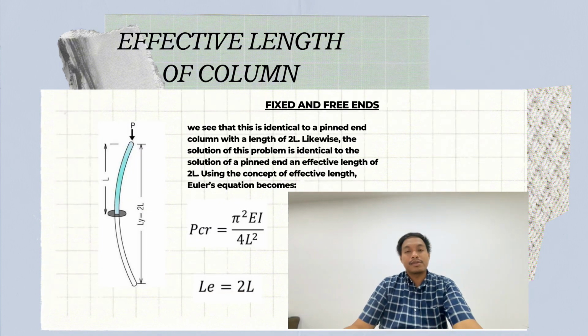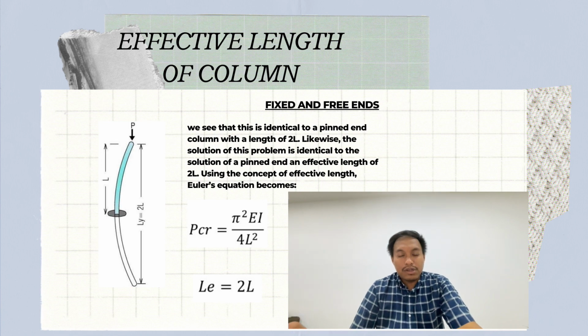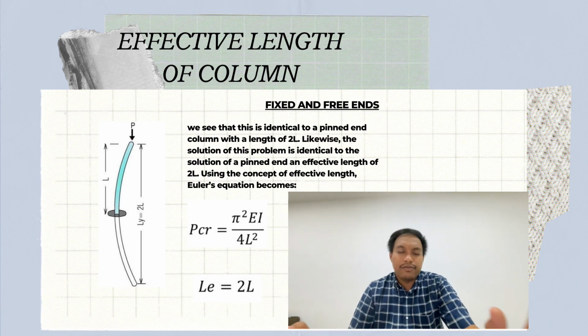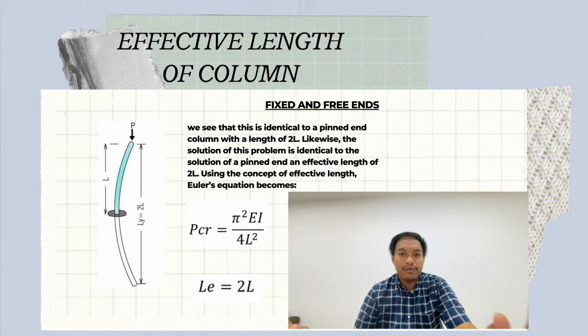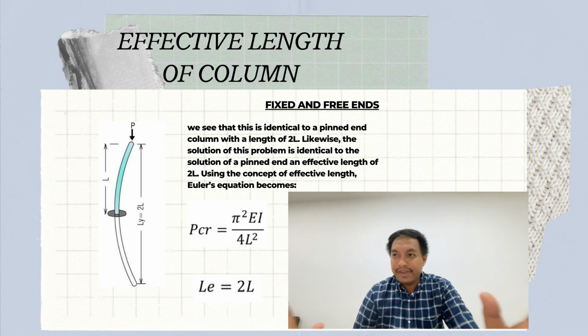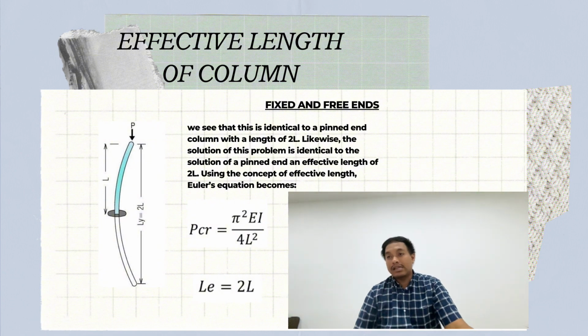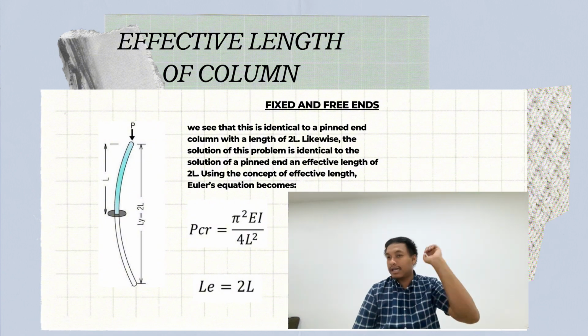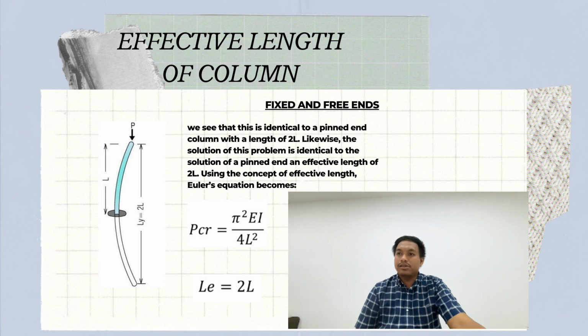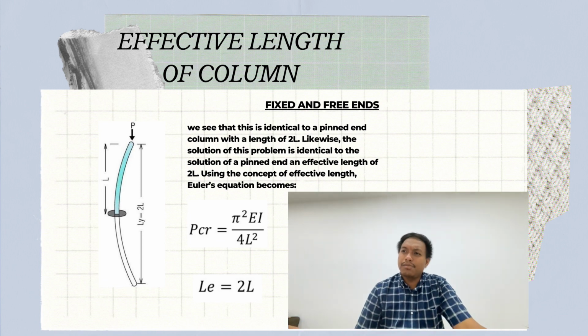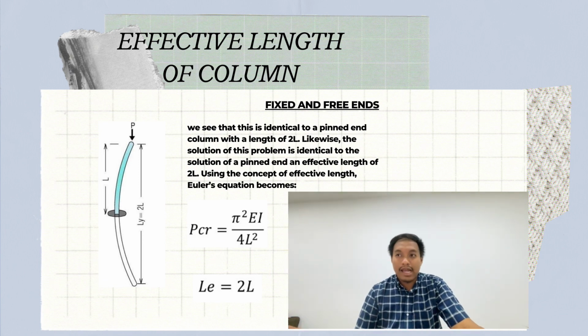Okay, thank you, Lokman. My name is Fazli. I want to continue about effective length of column. Our topic today is fixed and free ends. So we can see this slide. We assume that this is identical to the pin end column with length of 2L.